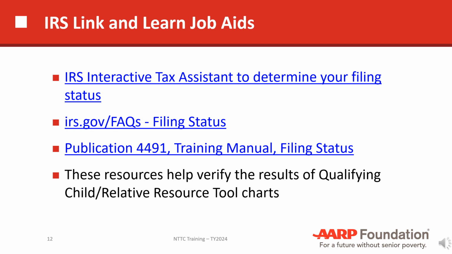Also, there are frequently asked questions on irs.gov related to filing status, and you can also use the Publication 4491 training manual and look up filing status in there. So you have various ways of confirming what you've determined by using the resource tool, if you feel more comfortable using two sources rather than just one.